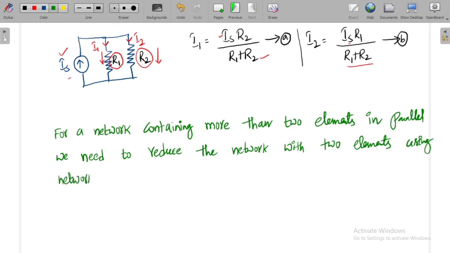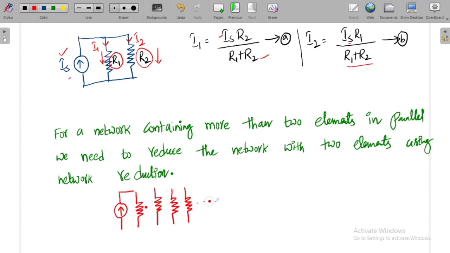We have seen in our previous video how to reduce n number of resistors connected in parallel to a single resistor, and how to reduce n number of resistors connected in series to a single resistor. This is called the network reduction technique. So if you have any number of elements connected in parallel to a current source, we can reduce this into two resistors connected in parallel.